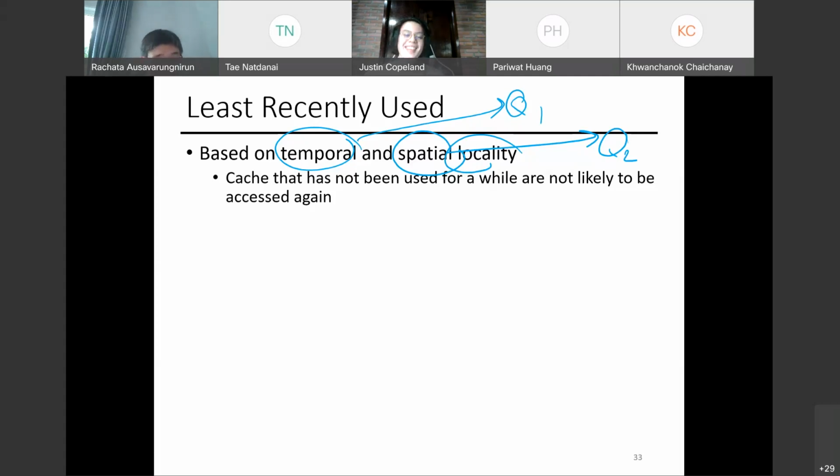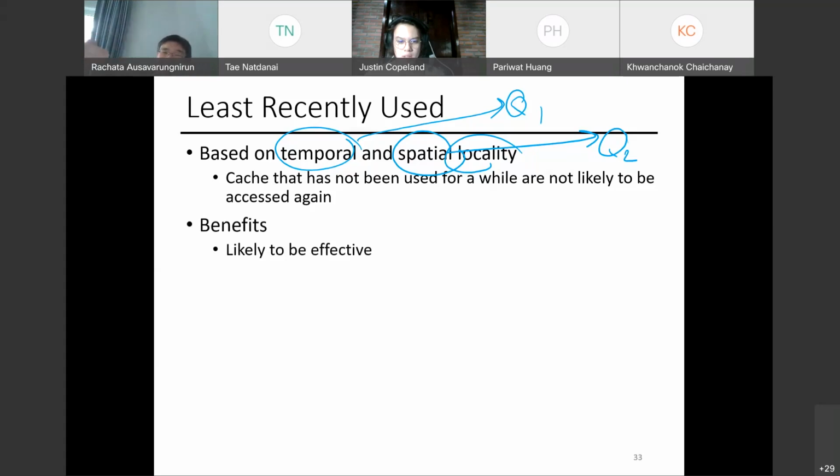If you access X, you're likely to access something nearby X. That's why we call it spatial locality, right? Why is that the case? Let's say you have an array, A0, A1, A2, A3, A4, A5, A6. Look at our project. We did exactly that, right? You access things next to each other to do matrix multiply. So data stored close to each other is likely to be accessed in a chain-like manner, one after another after another.